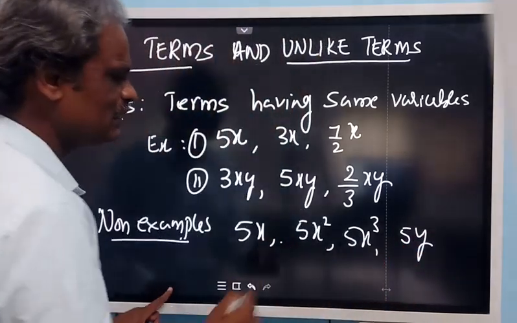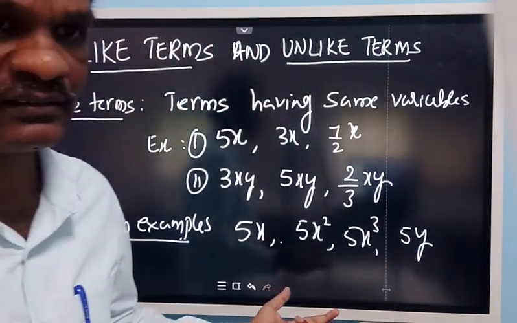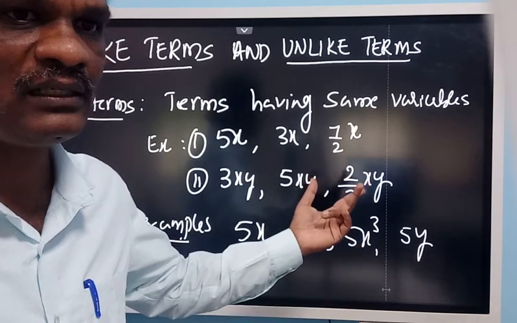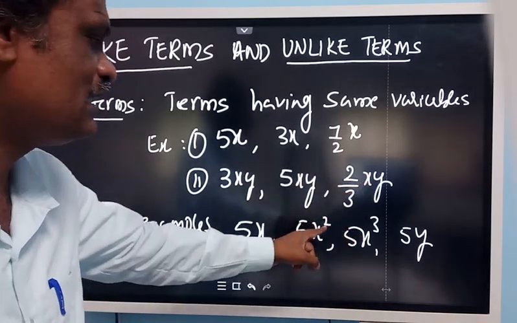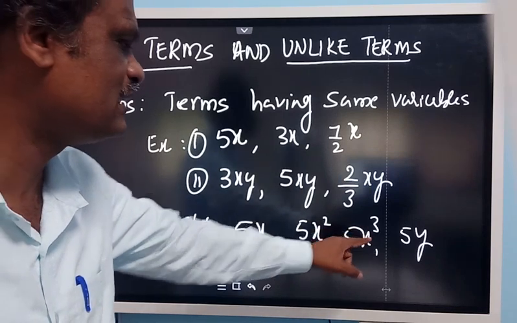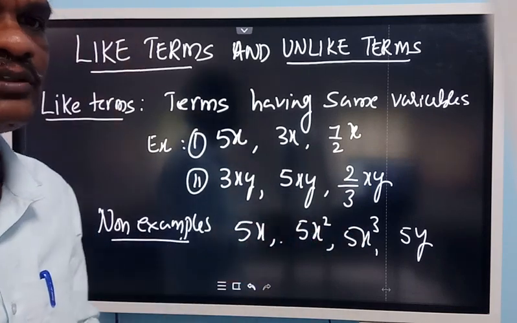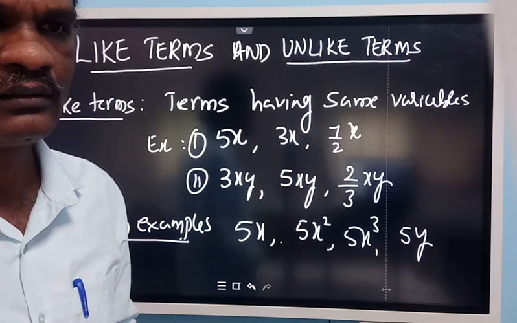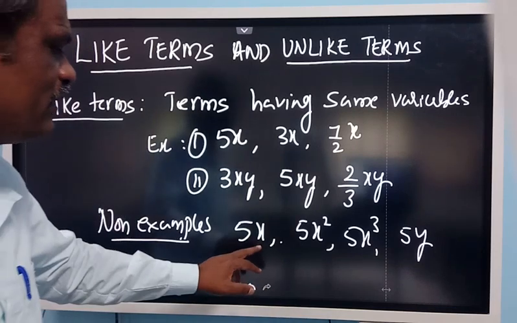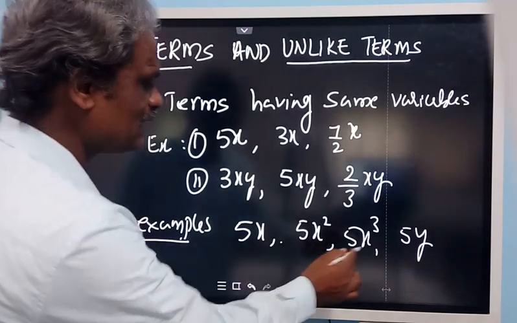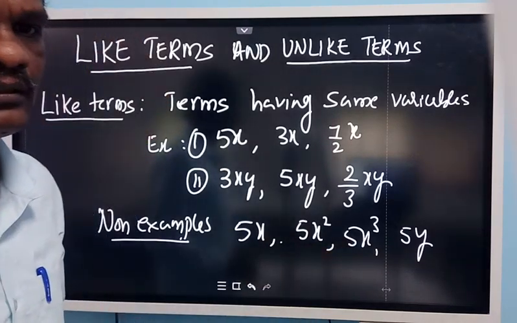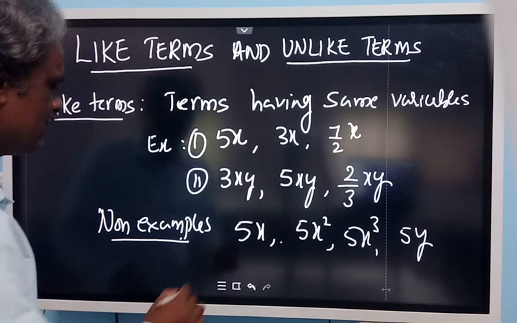It depends on the variable and also on the exponent, the degree. The highest power here is 2, here it is 3, here it is 1. They are totally different terms. x square is different, x is different. Therefore, we call them unlike terms. The exponent is different.